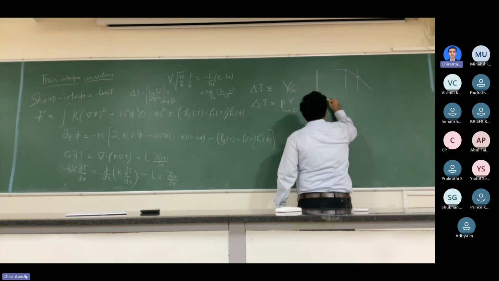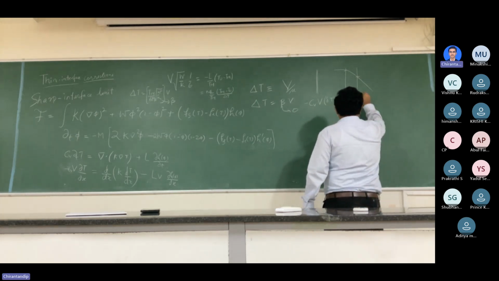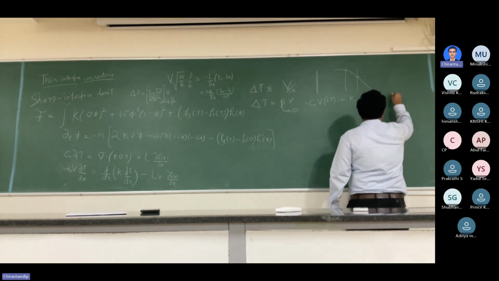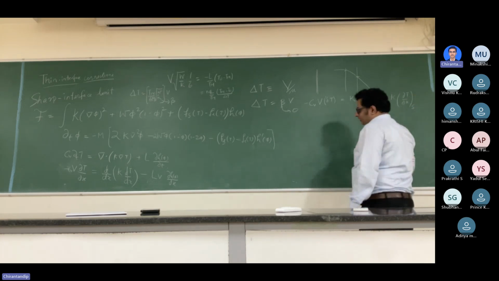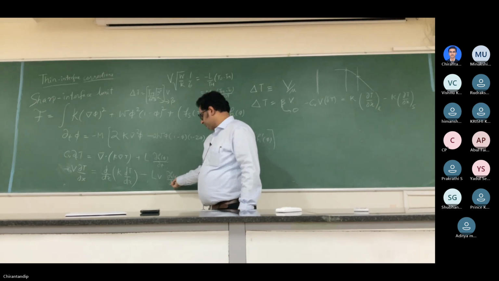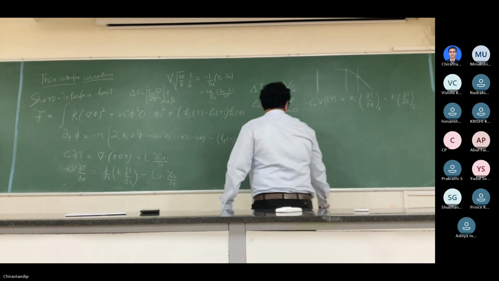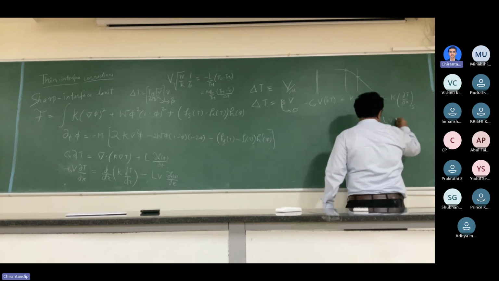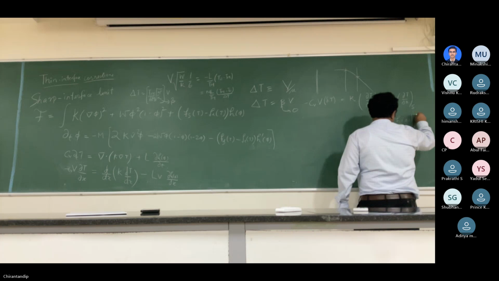I'm going to call this delta T, equal to K dT by dx on the liquid side minus K on the solid side, minus NV times h of T, which integrates from solid to liquid.